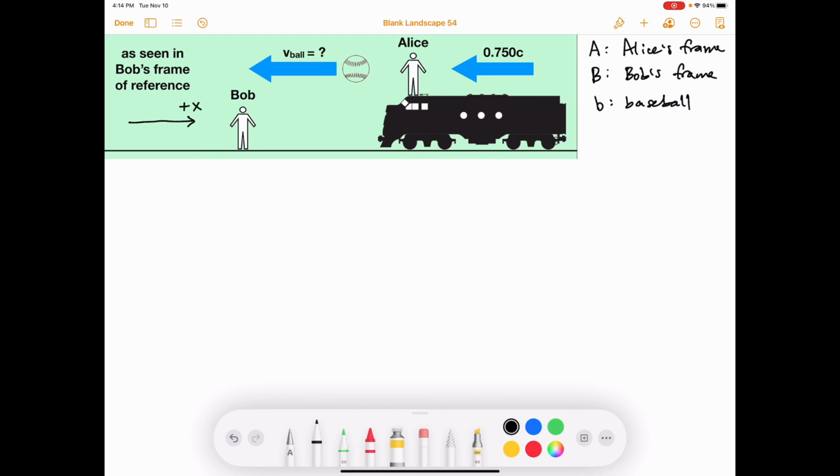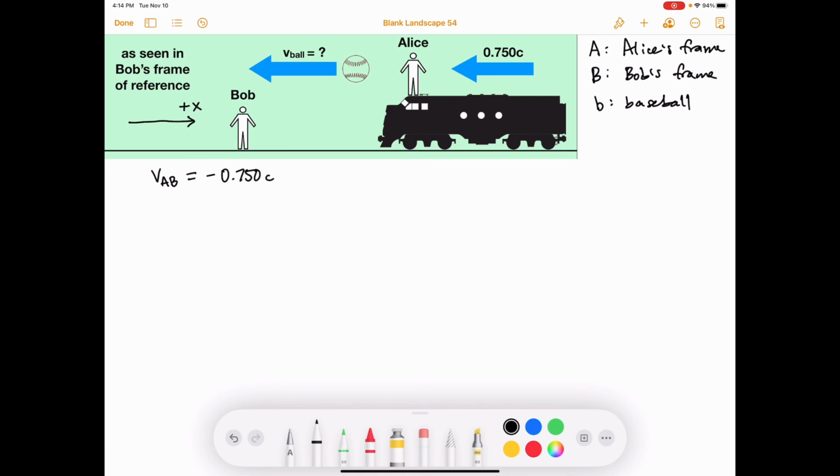So what are some velocities that we automatically know? The velocity of Alice relative to Bob. Well, she's moving at 0.75 c to the left in Bob's frame of reference. So we have V_AB is minus 0.750 c.